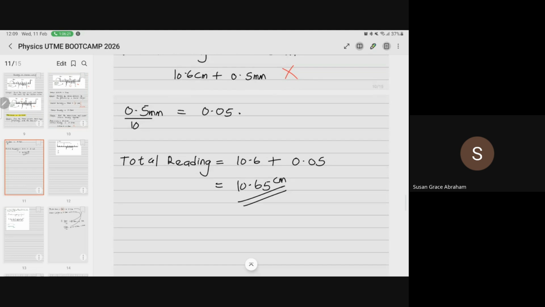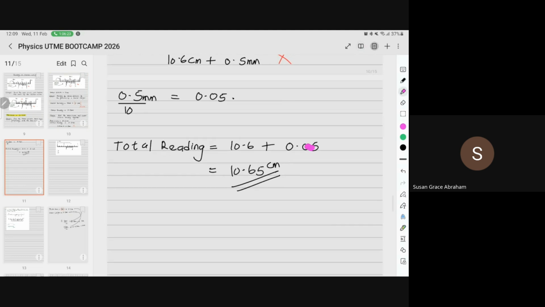And to tell you that you are correct, remember that a vernier caliper reading is going to have 2 decimal places in terms of centimeter. Or if I convert this to millimeter, multiply by 10, that will give us 106.5 millimeter.